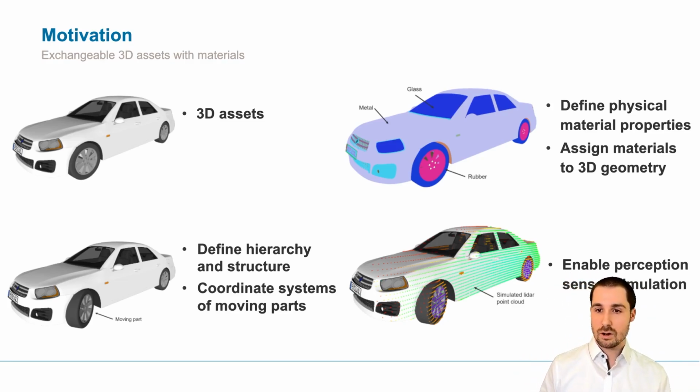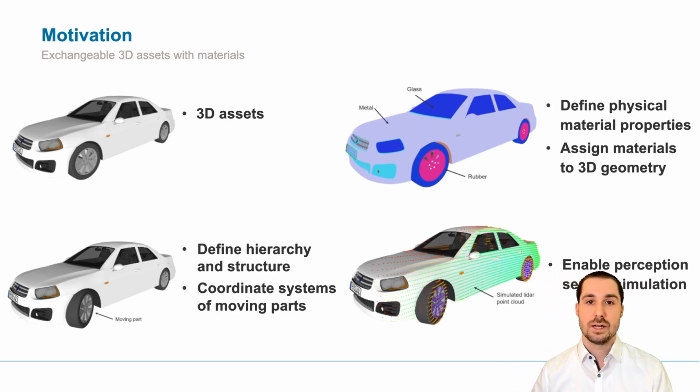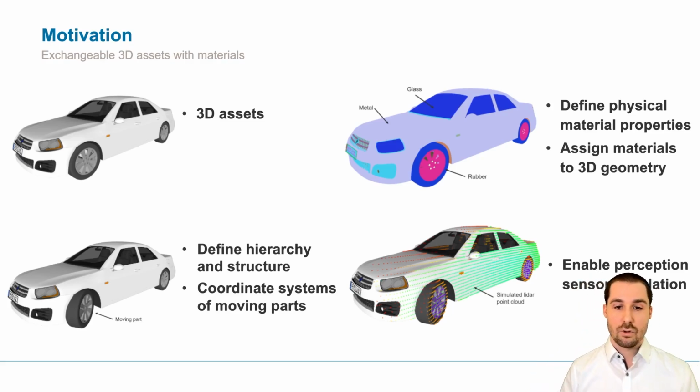And what something looks like has basically two components. So you have the 3D geometry, so you have a 3D asset, and then you have physical material properties assigned to this geometry. We go a little bit further because we don't only have rigid bodies, they have a certain structure, you want to do animations, and that's why we defined a hierarchy for moving parts.